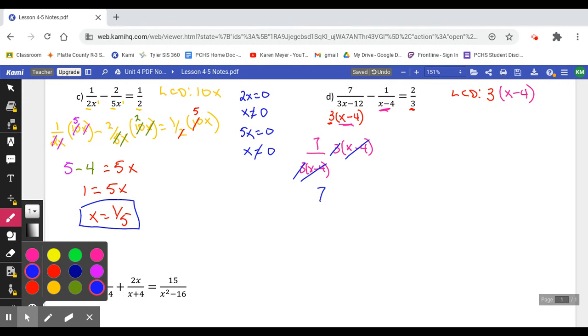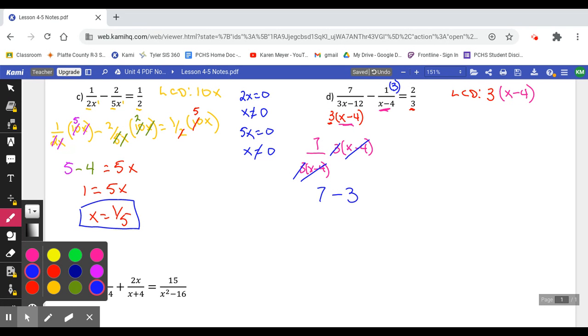Now you can keep writing that process out where you take each fraction times the LCD. Or if you want to start doing that mentally in your head, you can. So here, my middle fraction, it has x minus 4, check. The only thing it doesn't have is 3. So I'm going to take this negative 1 times 3 and make it negative 3.